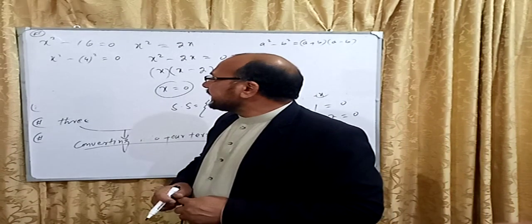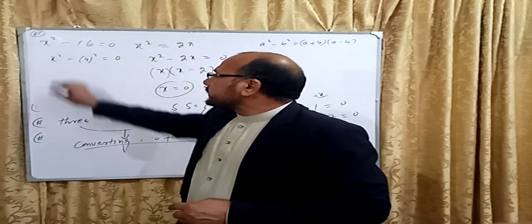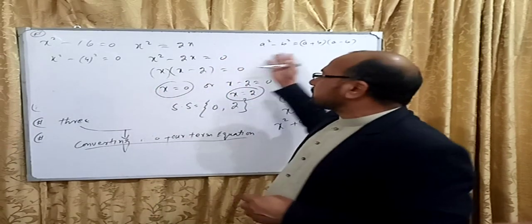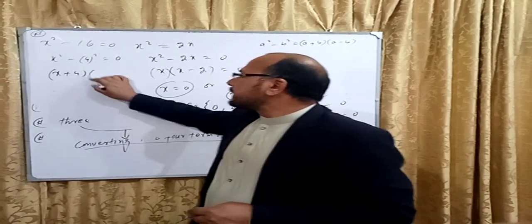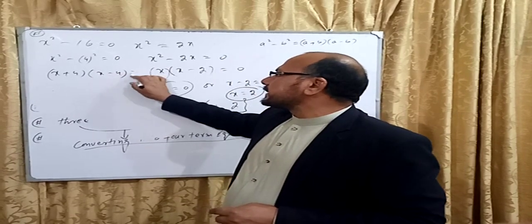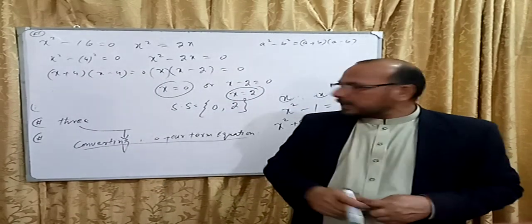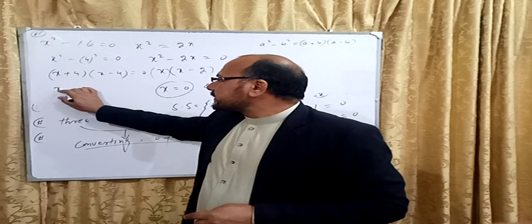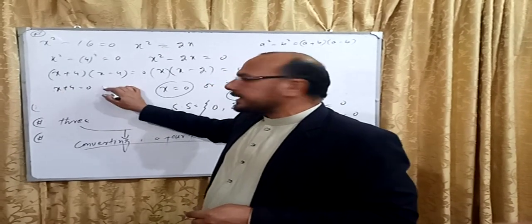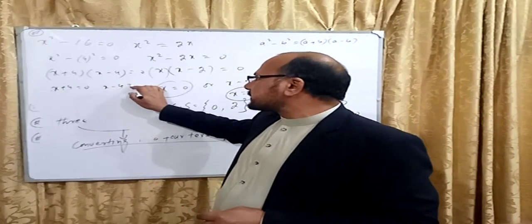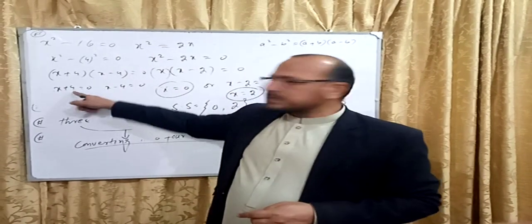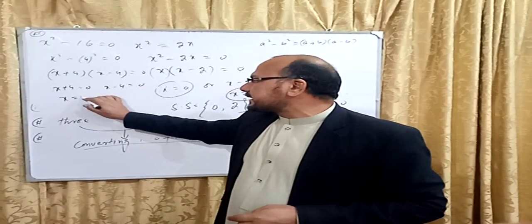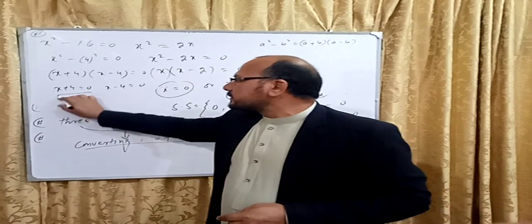Now according to this formula, you can write x plus 4 multiplied by x minus 4 equal to 0. Now this is a factor, x plus 4 equal to 0, and this is also a factor, x minus 4 equal to 0. From here, if we shift 4 to the other side, we can easily get the value of x, which will become minus 4.